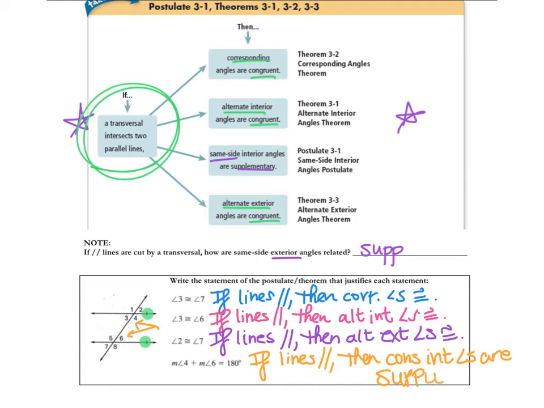They're not congruent, they're supplementary. And again, be careful, those are not a linear pair because they're not adjacent to each other. So they are supplementary. That's how you justify. When it says justify using a postulate or theorem, that's a justification.